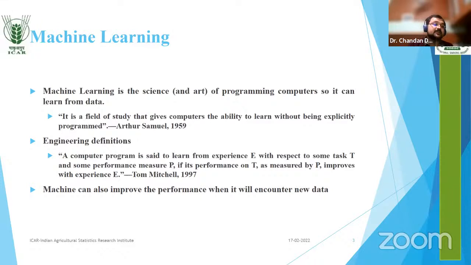In 1959, one very accepted definition of machine learning was that it is a field of study that gives computers the ability to learn without being explicitly programmed.